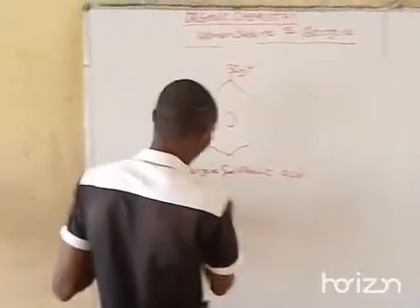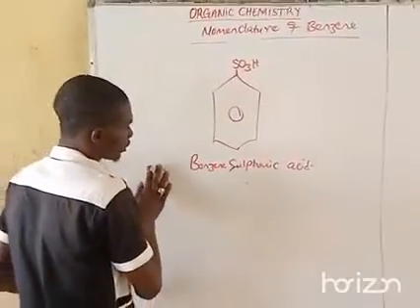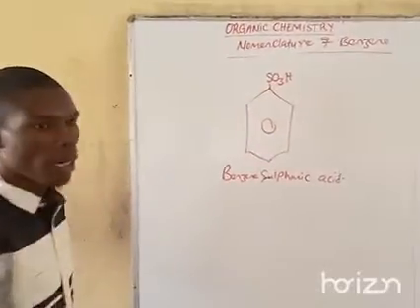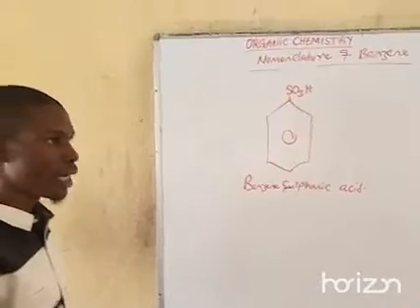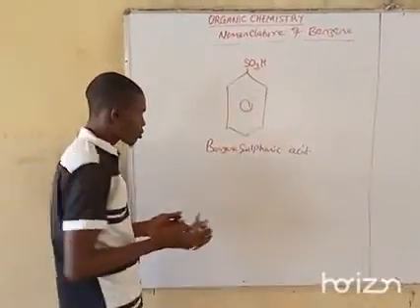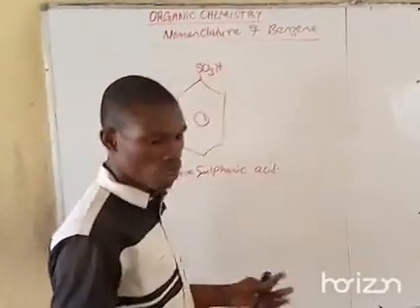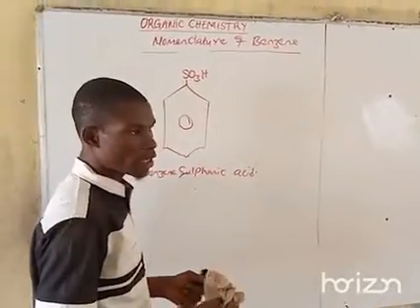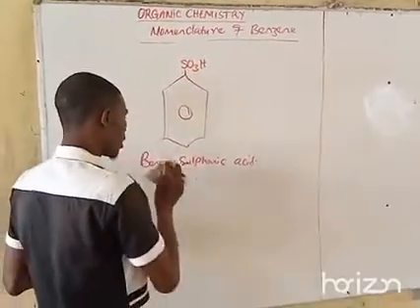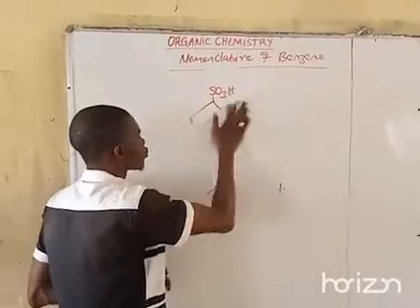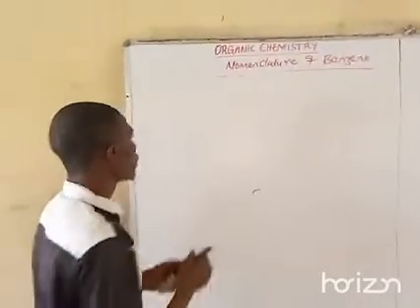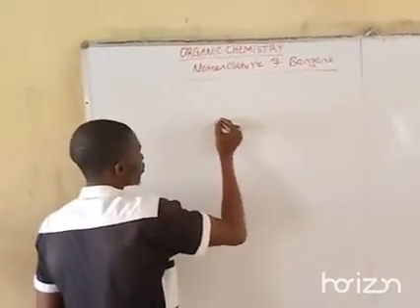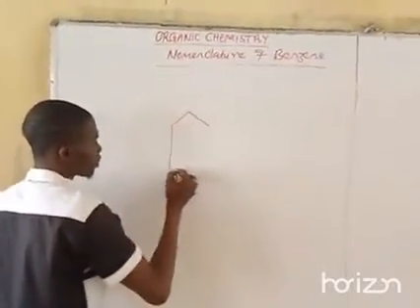Okay, these are a few among the many. There are very many, but these are just a few. So now we are going to look at how we name these compounds.